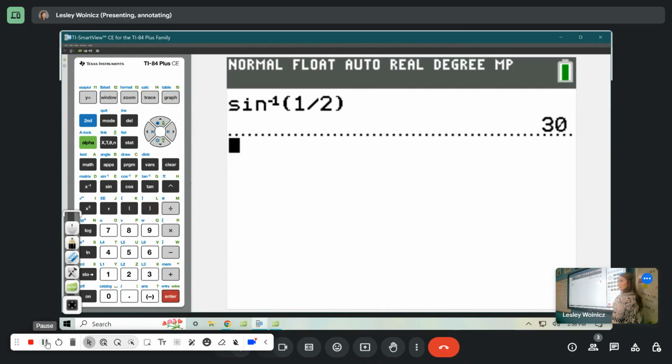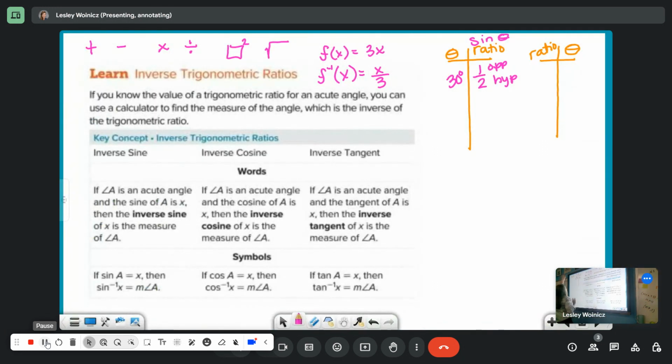Boom. So if I feed this the ratio 1/2, it gives me back the 30-degree angle. If I do inverse sine of 1/2.